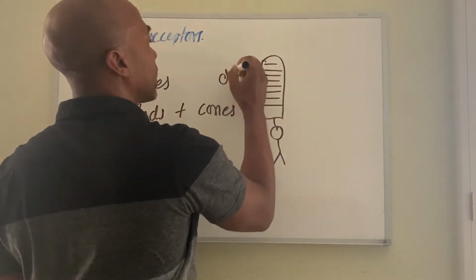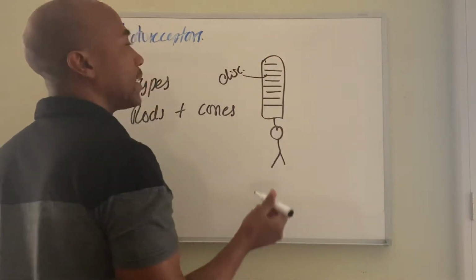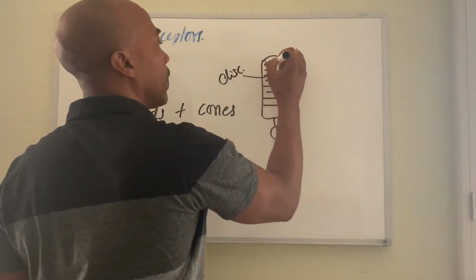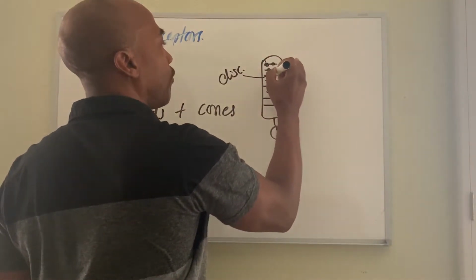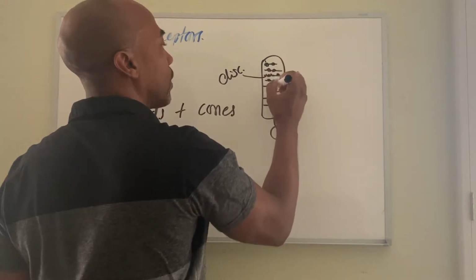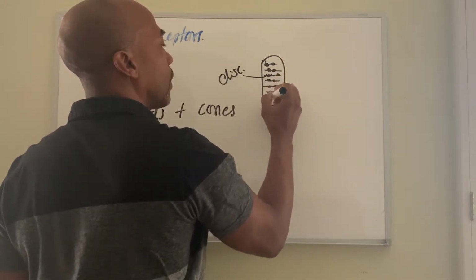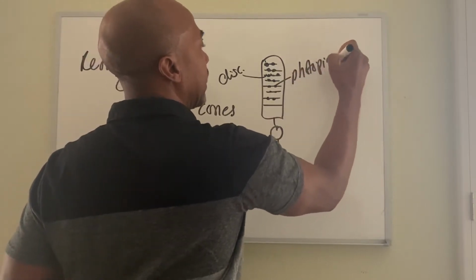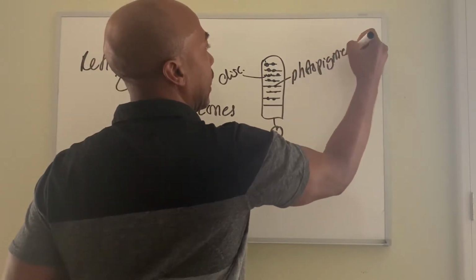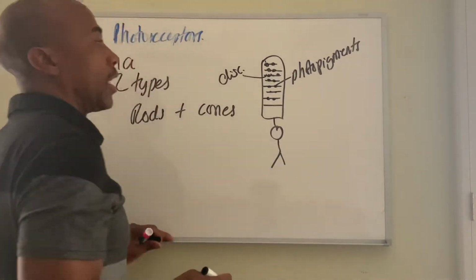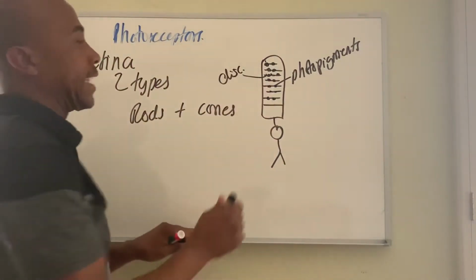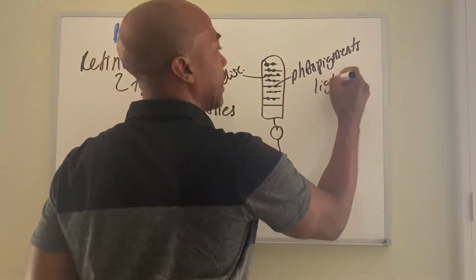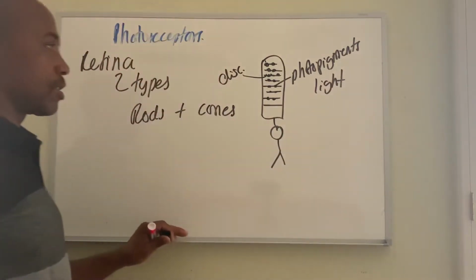These are discs, and these discs contain on them these little things that we call photopigments. And these are the pigments that respond to light. So light acts on the photopigments.